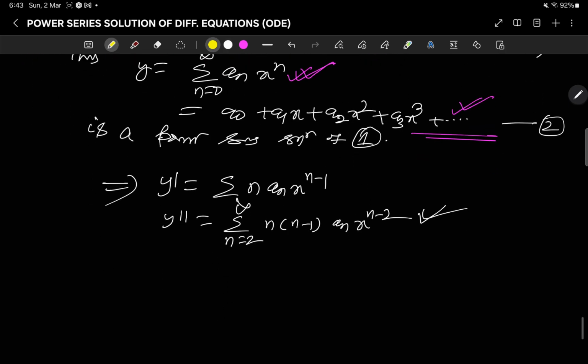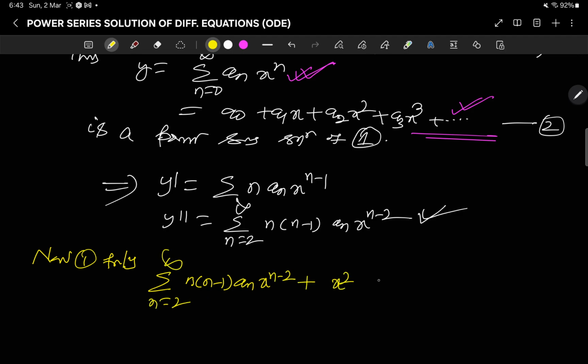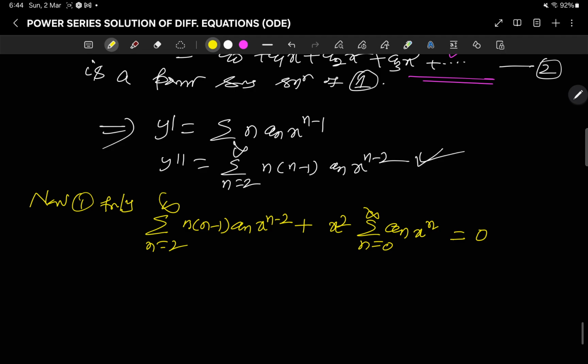Now equation 1 follows: summation of n into n minus 1 x to the power n minus 2, n is equal to 2 to infinity, plus x square into summation of n is equal to 0 to infinity an x to the power n. Okay, so this is equal to 0. If I want to open it, it is 2 into 1 a2 plus 3 into 2 a3x plus so on.